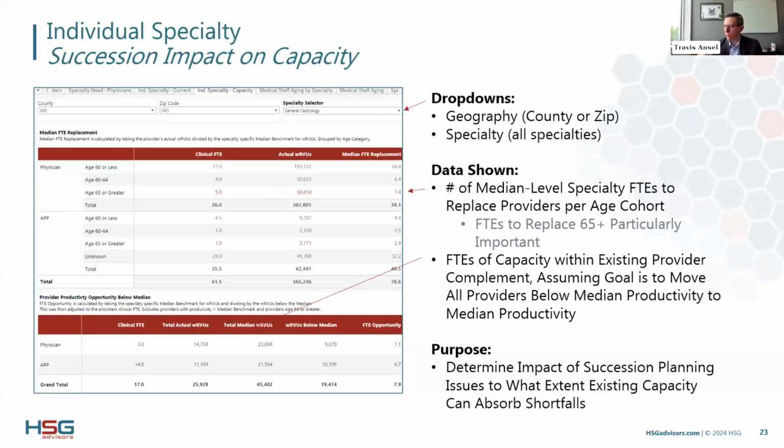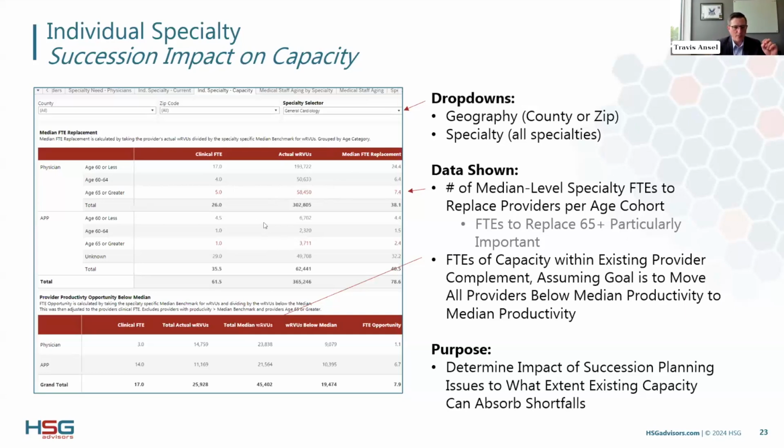And how do we transition volume so that we're able to ramp up those providers, with an expectation of median or greater productivity, to fill that volume that we expect to be losing without losing patients or creating gaps in access?